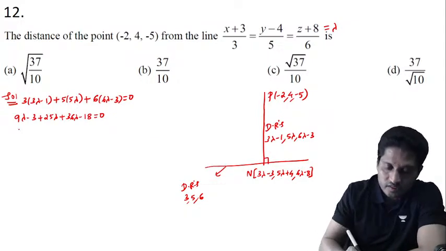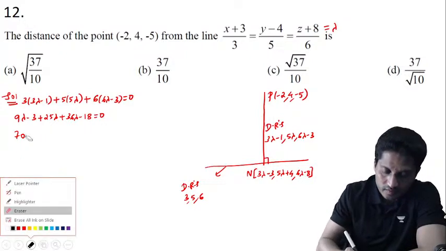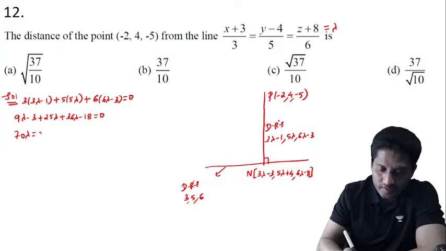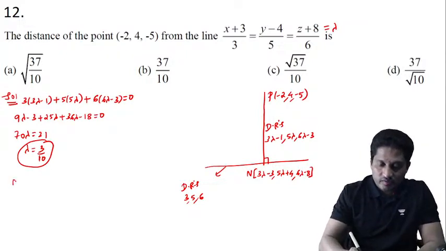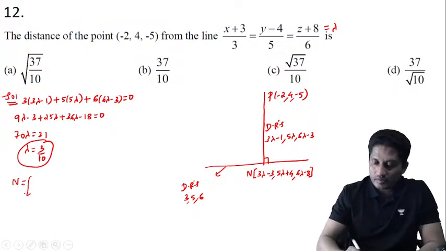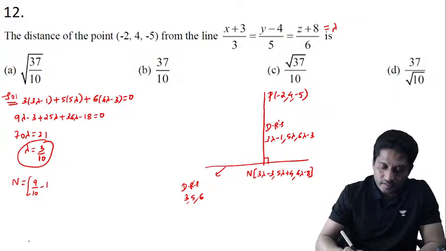Okay, 70 lambda is equal to 21, lambda is equal to 3 by 10 if you divide by 7, right? Now you substitute, you get 9 by 10 minus 3.